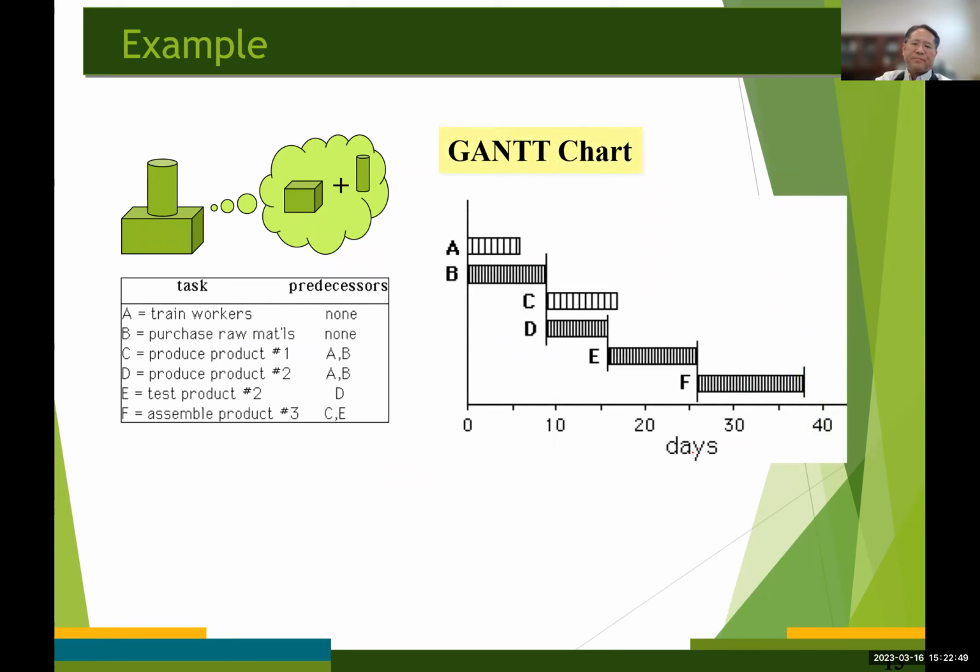By using a Gantt chart, we can show the activities or tasks displayed against time like this. Each task or activity in a Gantt chart is represented by a bar, which specifies the beginning and ending of each activity, so the duration of each activity.